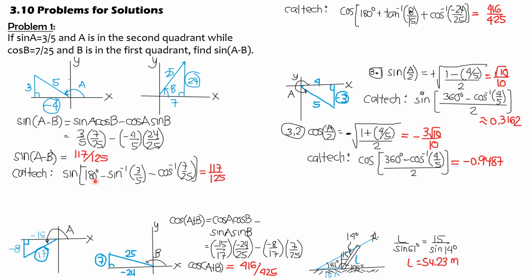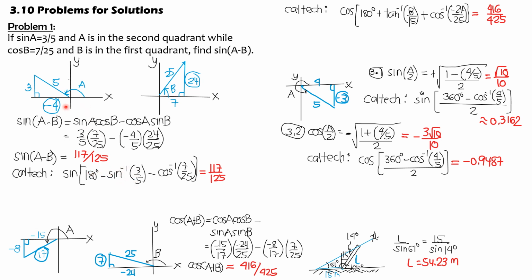In fact, 180 degrees minus inverse sine of 3/5 can also be replaced with inverse cosine of -4/5 because your calculator is capable of giving you the second quadrant angle immediately, except for sine.